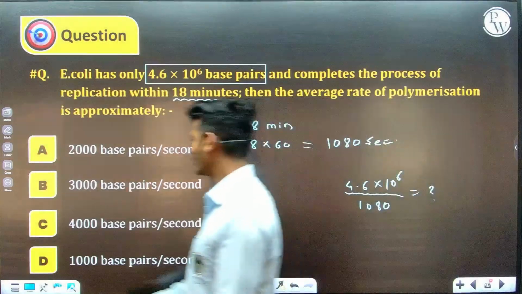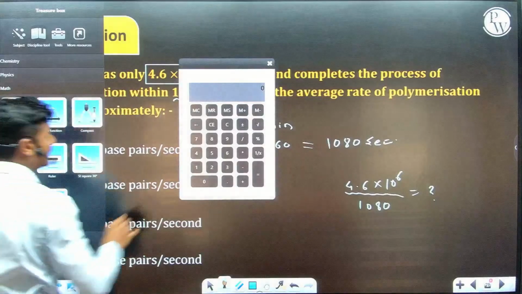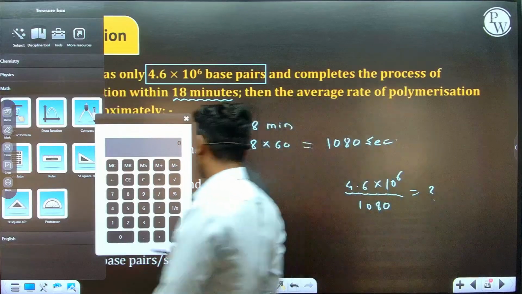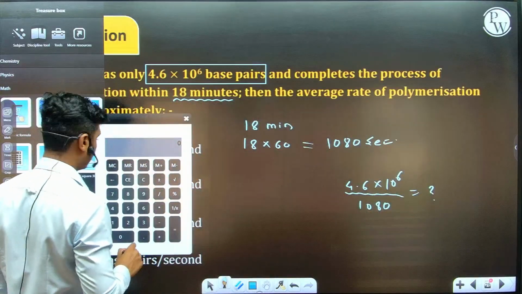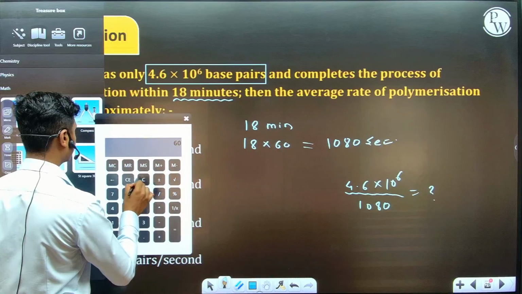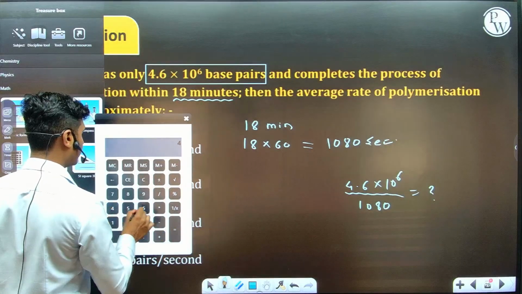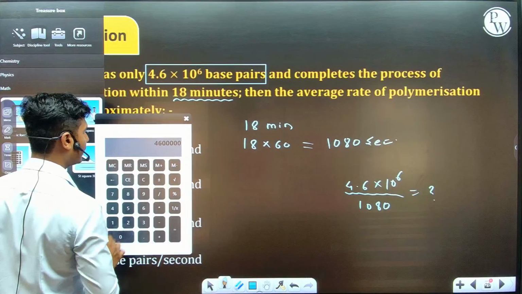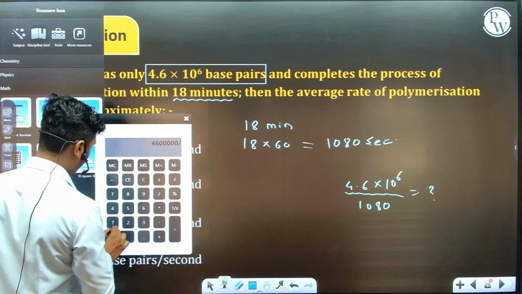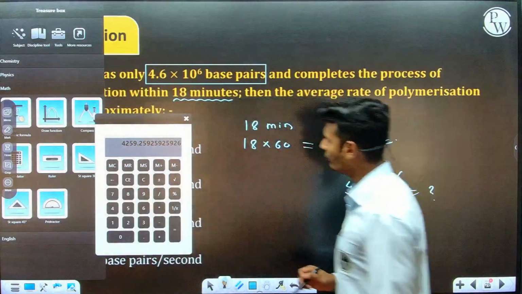Let's calculate with the help of a calculator, because I am not a mathematics teacher and my calculation is not that strong, but in the NEET examination you don't have a calculator, so calculate by your own method. 4.6 × 10^6 divided by 1080 is equal to 4259.